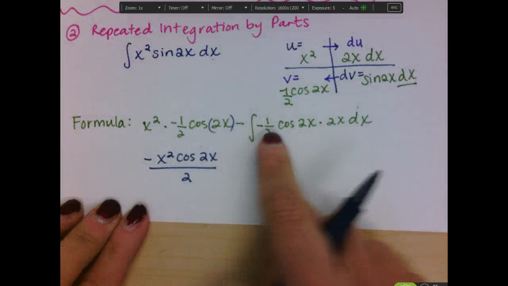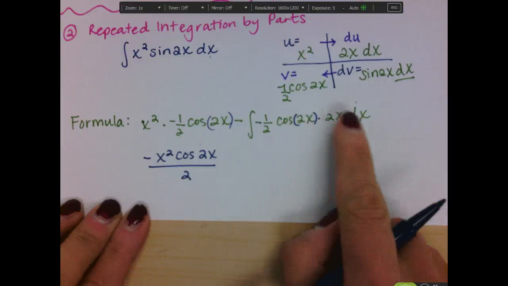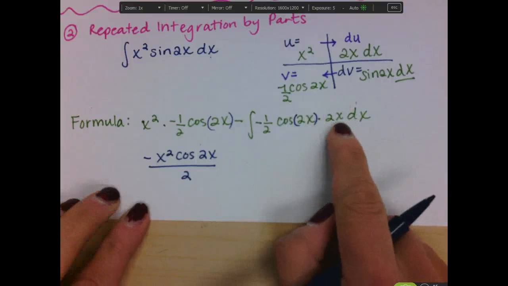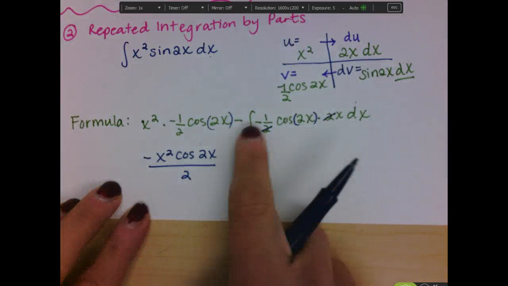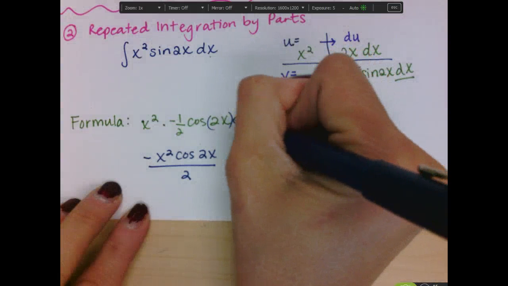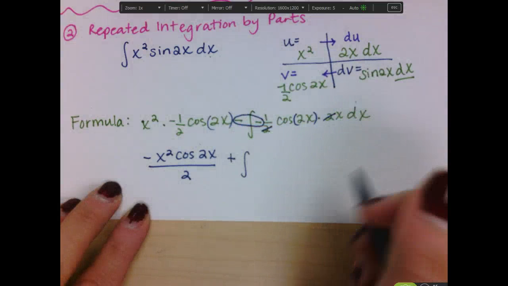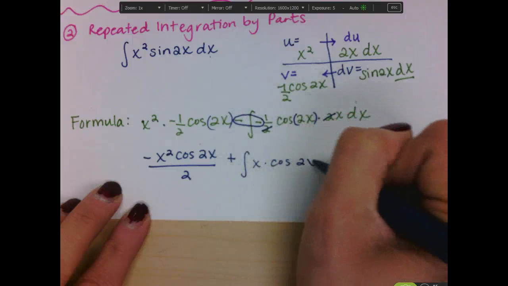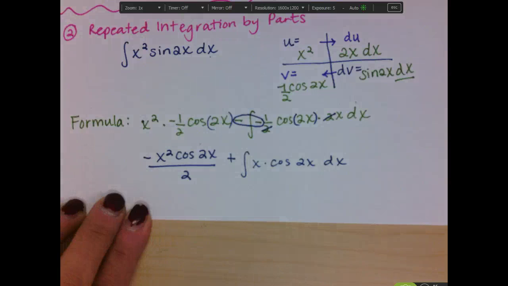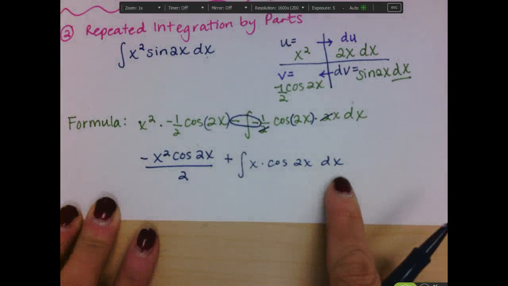And then over here, the 2x is the argument of cosine, but we have multiplied by another 2x. So those 2's can actually go away, and then I can simplify my signs here. So plus the antiderivative of x times the cosine of 2x dx. Now we're not done until we've actually found this antiderivative.